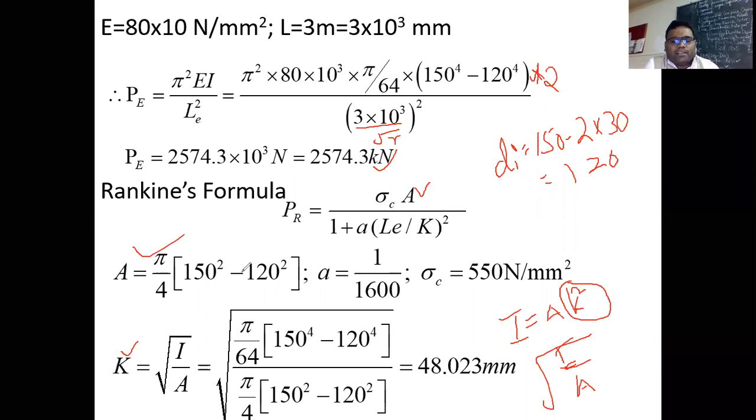Write the value of I in the numerator and the value of A in the denominator and just solve this. You will get the value of k, the radius of gyration, which is 48.023 mm.